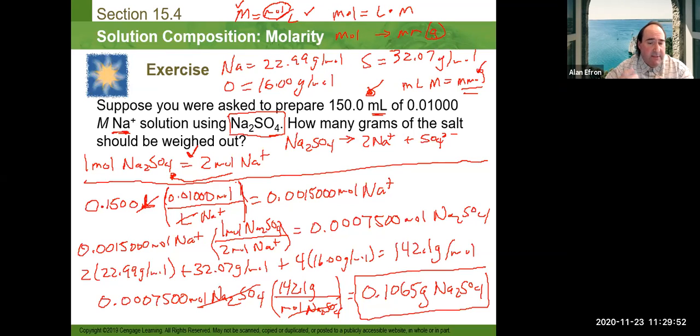And if you mix it around, you should have a sodium ion concentration of 0.01 molar. Any questions on that?